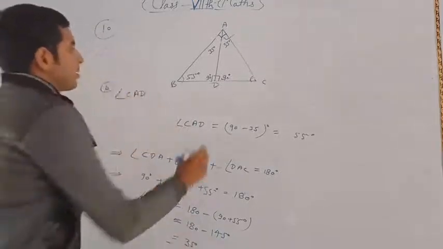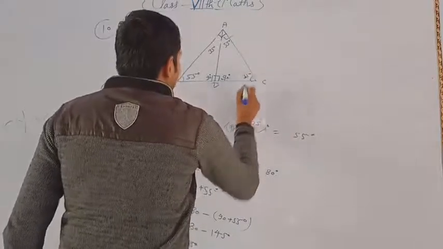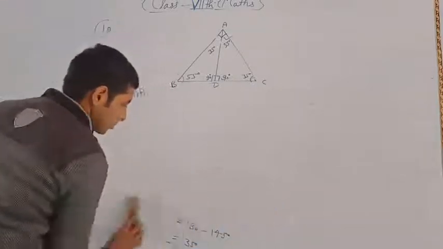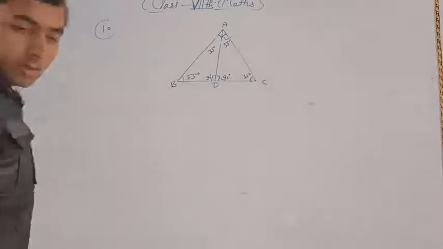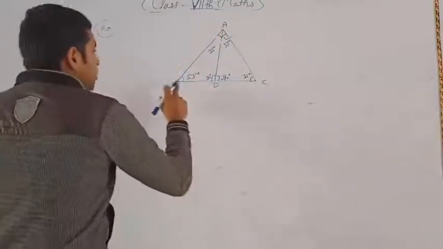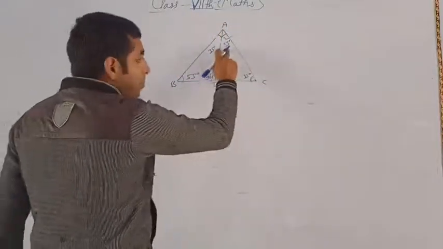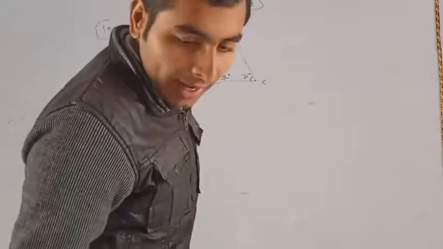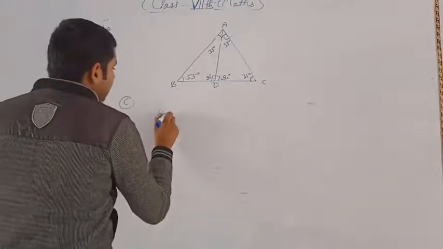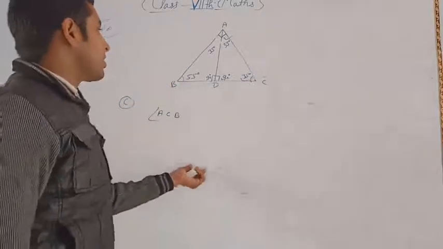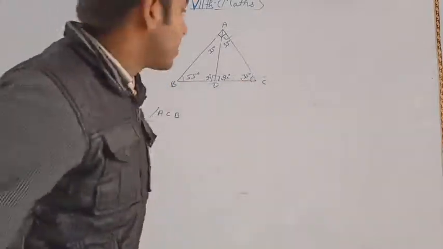Okay, this became 35 degrees. Again we erase this. So CAD became 55 degrees, and in part C we have to find angle ACB. You can see that this angle is equal to 35 degrees.